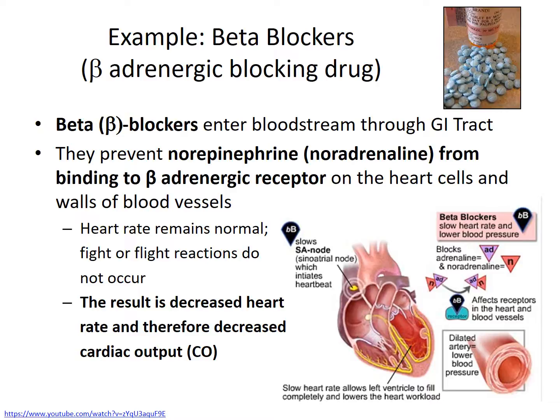They enter the bloodstream via the GI tract, gastrointestinal tract, and they prevent norepinephrine or noradrenaline from binding to beta adrenergic receptors of the heart cells and the walls of blood vessels.